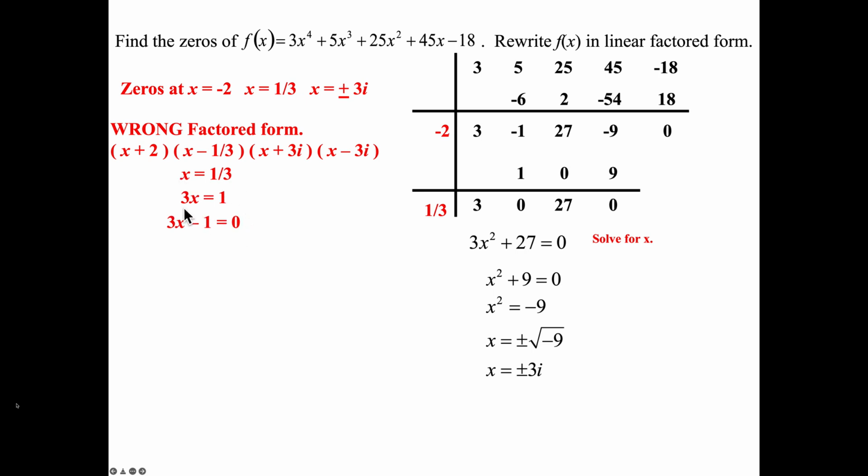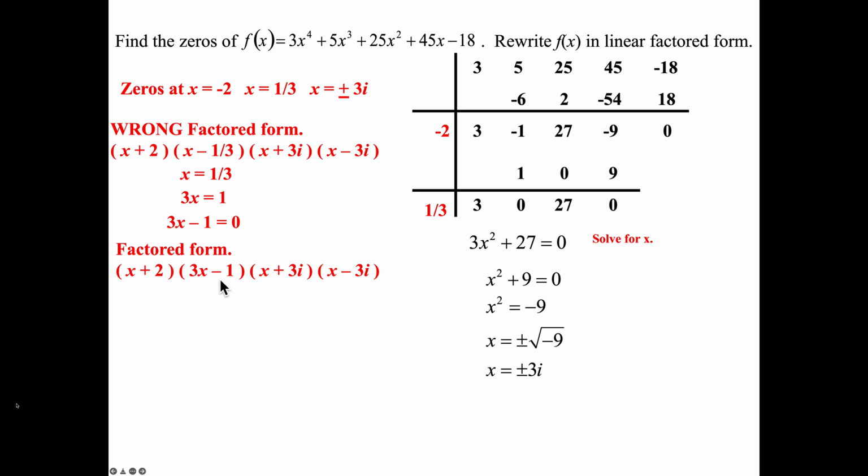So my true, what I would call integer binomial, is 3x minus 1. We don't want fractions in our binomial. So that's the real binomial factor that you want to see. All right, so now if you go x times 3x times x times x, you get that leading term of 3x to the 4th, and now that's the proper factored form.